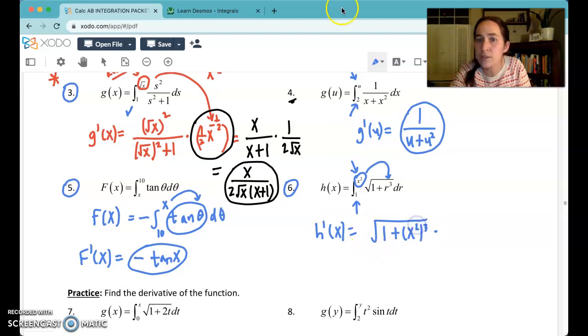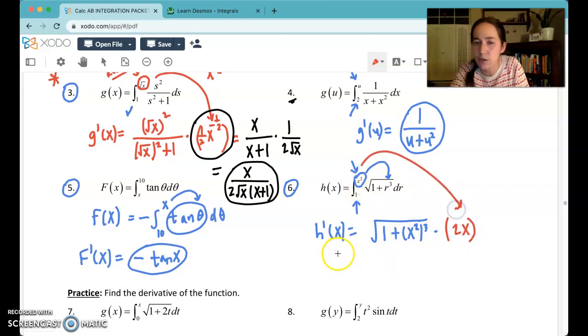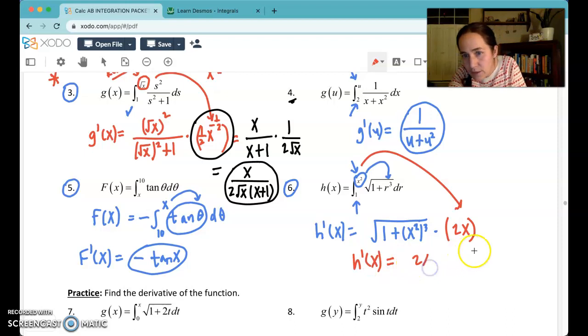We know this one's going to involve a chain rule because it wasn't just x sitting up there. It's something more interesting than just x. So we tag on, by the chain rule, the derivative of x squared, which is going to be a 2x. And that's pretty much how your answer will look. H prime of x, the derivative, will be 2x times this square root expression, 1 plus x to the 6th.